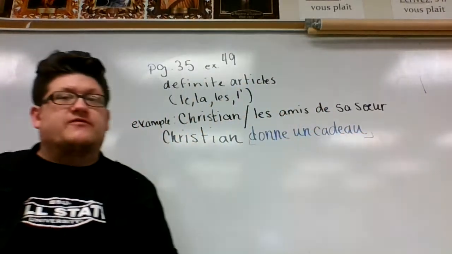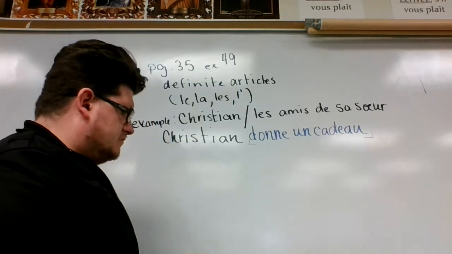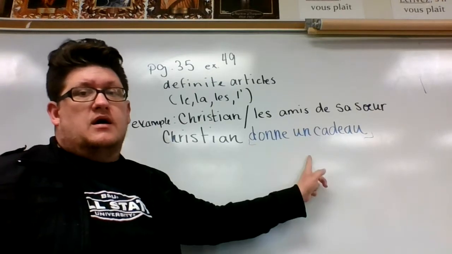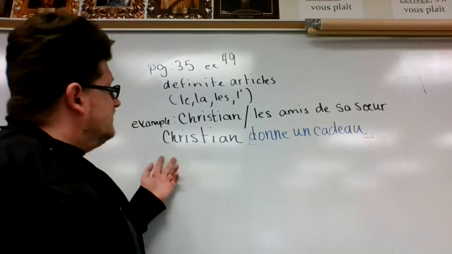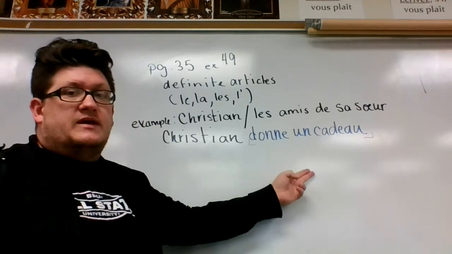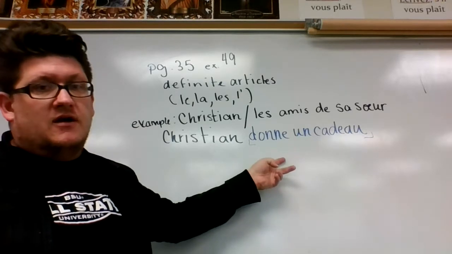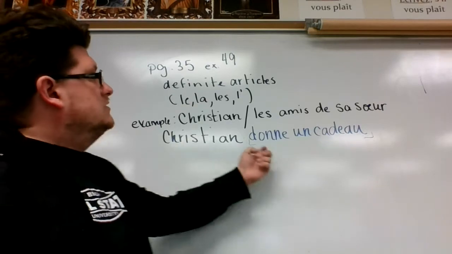That's the new phrase you'll insert there. I've written it in blue. It's kind of hard to see, but that's the phrase you'll insert: D-O-N-N-E, donne un cadeau. So now you're saying Christian gives a gift. Whatever the subject is, this is the verb you use, in this form. All of them have a singular third-person subject, so he or she. So, Christian donne un cadeau.